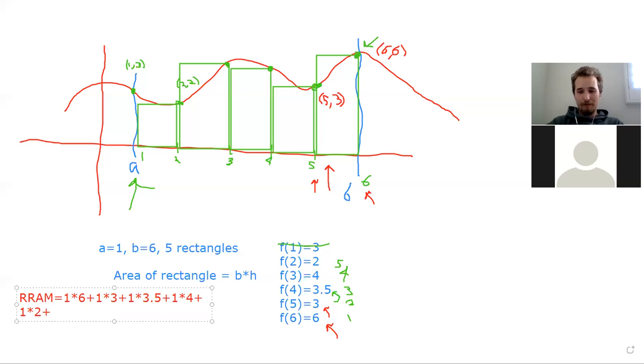Great job, Sean. What Sean's saying is correct. There's no sixth rectangle. Because if we were to take f of 1 is equal to 3 and go right, it would actually be outside our bounds. So we have to remember to stop at the last one.